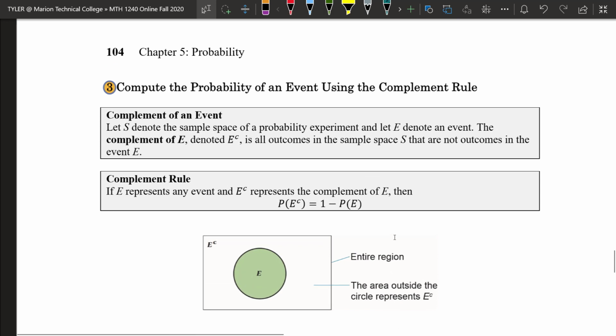All right, so now we're ready to talk about the very last learning objective in this section, which is to compute the probability of an event using the complement rule.